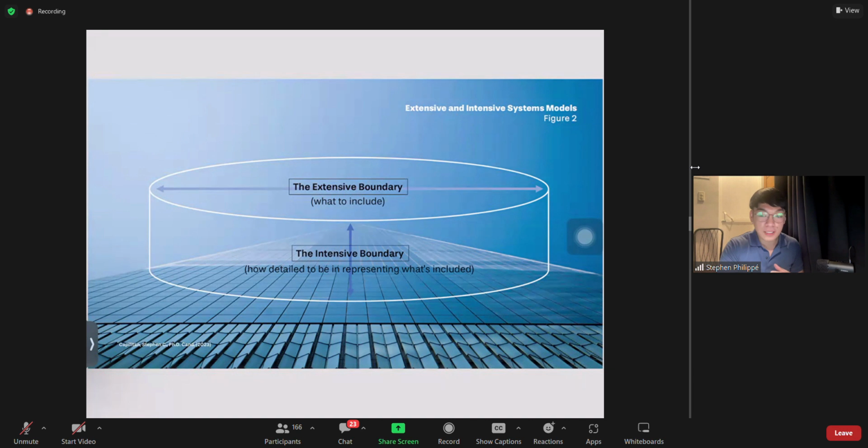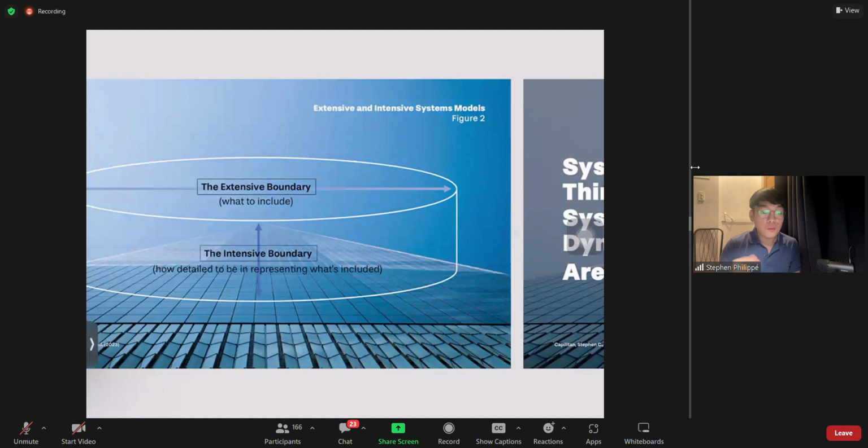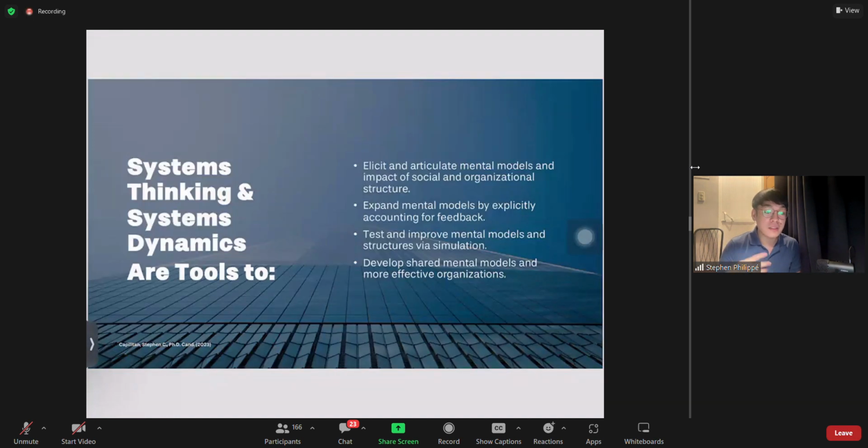So what I'm proposing now is we need to elicit and articulate mental models that will impact the social and the organizational structure. We should create or expand our mental models, test and improve these models via simulation, and develop shared mental models for more effective organizations. This is being used in business. The idea of systems thinking started in business.